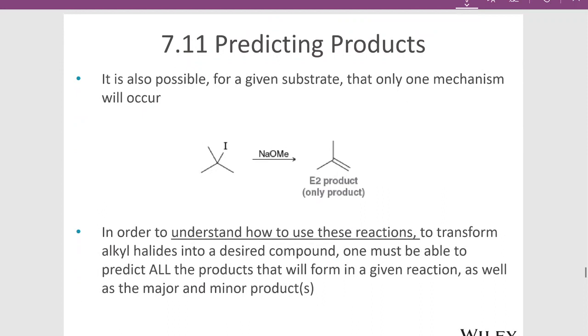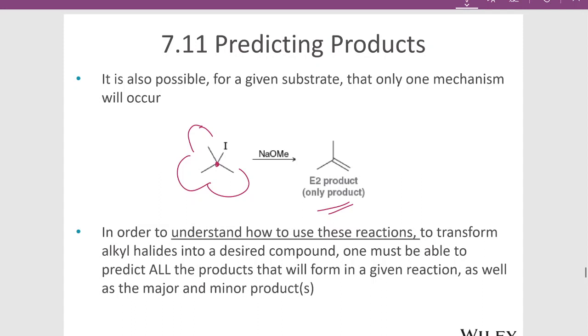Sometimes, though, we only get one possible product from this type of reaction. For example, in this reaction here, we have a strong base, and the only thing we observe is an E2 mechanism giving us our E2 product. That's because this alpha carbon is sterically hindered by this tertiary substrate, and methoxide cannot act as a nucleophile on this substrate because it's too sterically hindered.